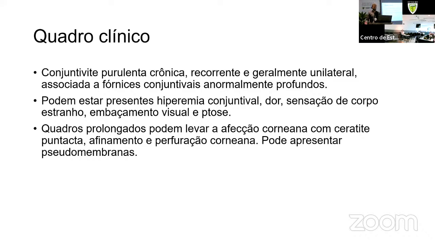If you don't treat it and you have, how can I say, this disease for a long time, it can lead to corneal damage like punctate keratitis, thinning, and corneal perforation. We can also see pseudomembranes.